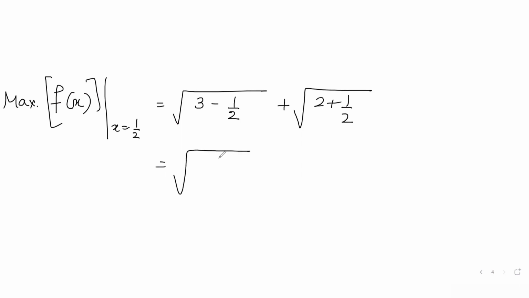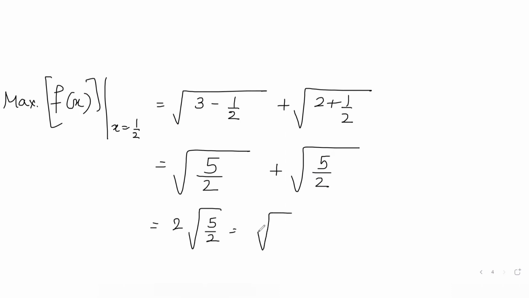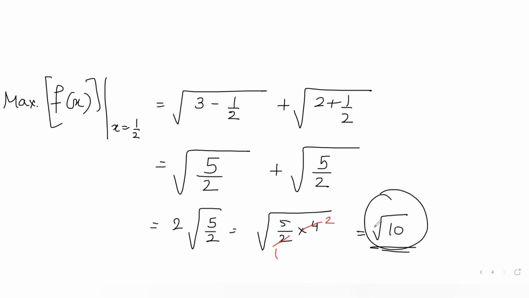You get this as root of 5 by 2, plus here also you get root of 5 by 2. So you get that as 2 times root of 5 by 2. If I take that 2 inside, it becomes 2 square, which is 4. So 2 ones, 2 twos, you get root of 5.